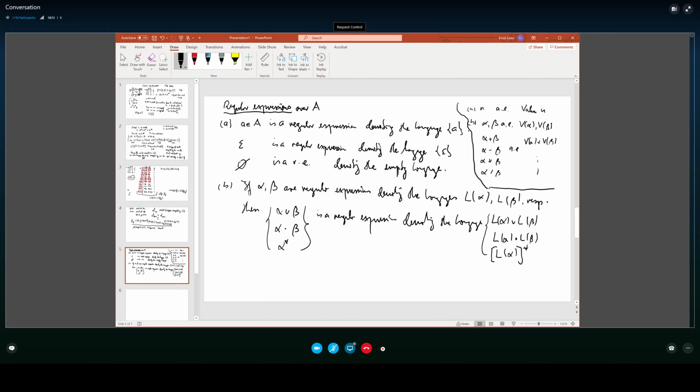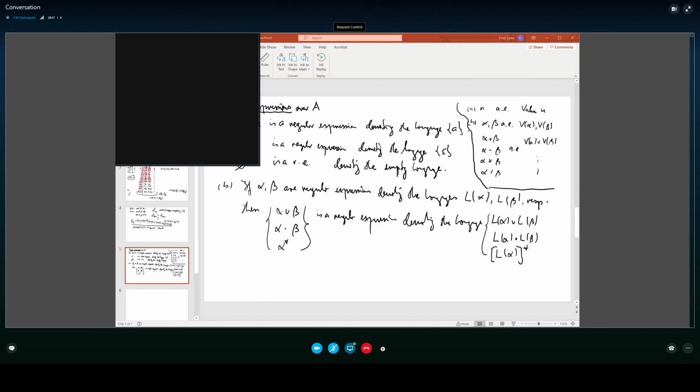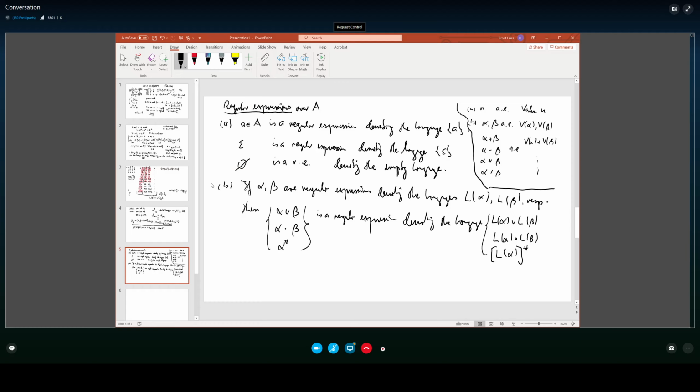Could you go over the definition again, Professor? Say that again? Could you go over the definition again from point B? If you have two regular expressions, alpha and beta, denoting languages L of alpha and L of beta, then alpha union beta is a regular expression denoting the language L alpha union L beta.